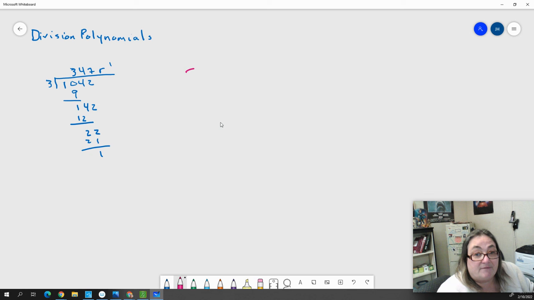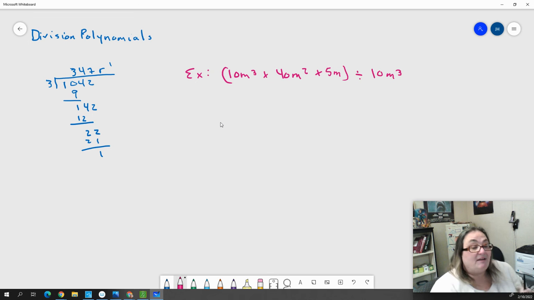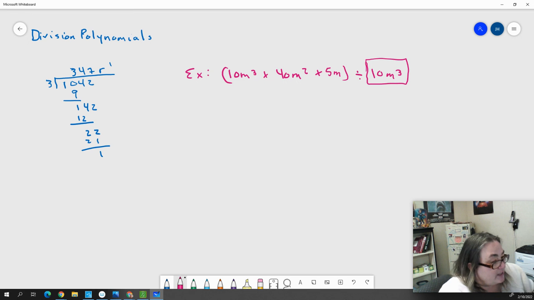If I have, say, for example, 10m cubed plus 40m squared plus 5m divided by 10m cubed, we're just dividing by a monomial, right? This is just one term. The easiest way to handle this, in my opinion, is to write it like a fraction, right?